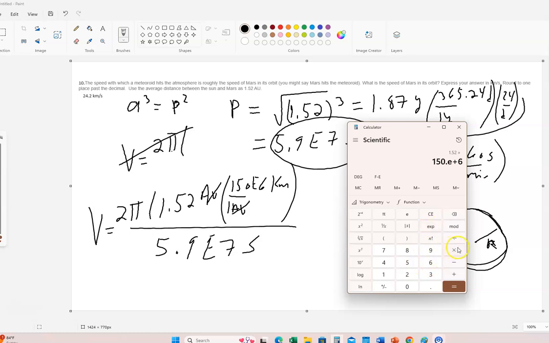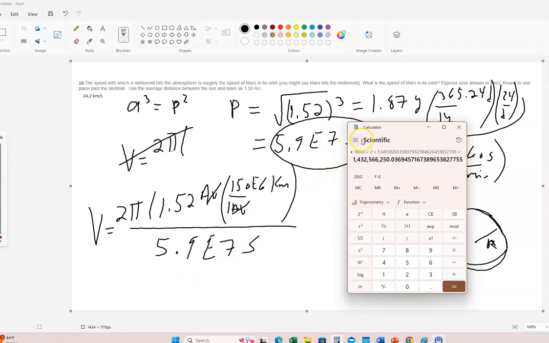You could have done the 2 pi first, but I just wanted to do times 2 times pi. So this is what goes in the numerator. I got to hit equals. So that would be 1, 2, 3, 1, 2, 3. So 1.4 times 10 to the ninth divided by the period.